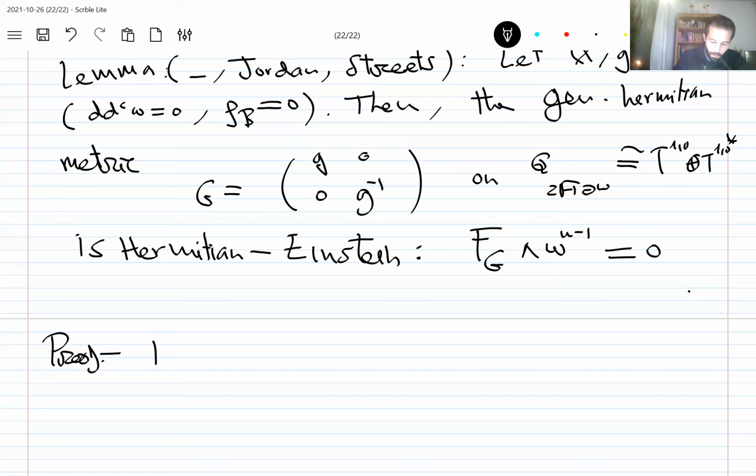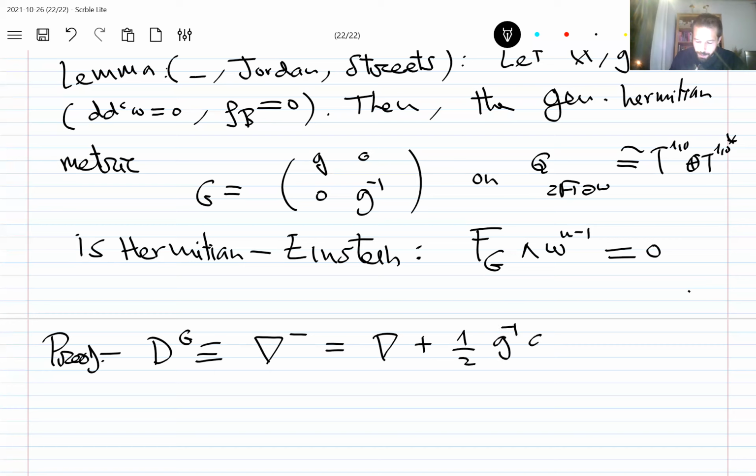Recall that we can identify the Chern connection with nabla minus, actually with the C-linear extension of nabla minus. What nabla minus is: Levi-Civita plus a half g^(-1) d^c omega.